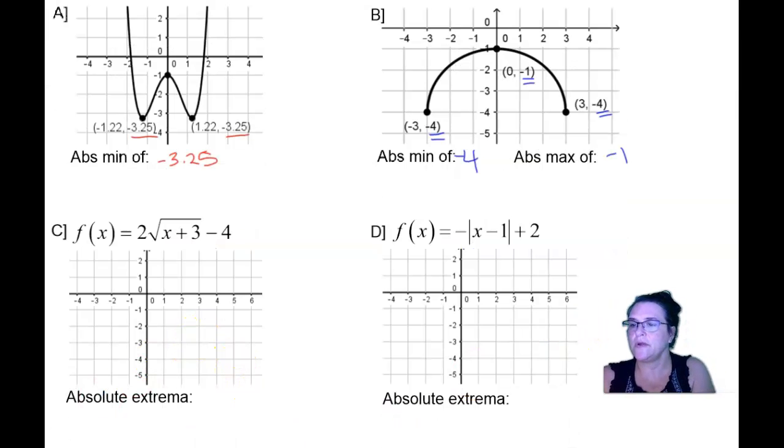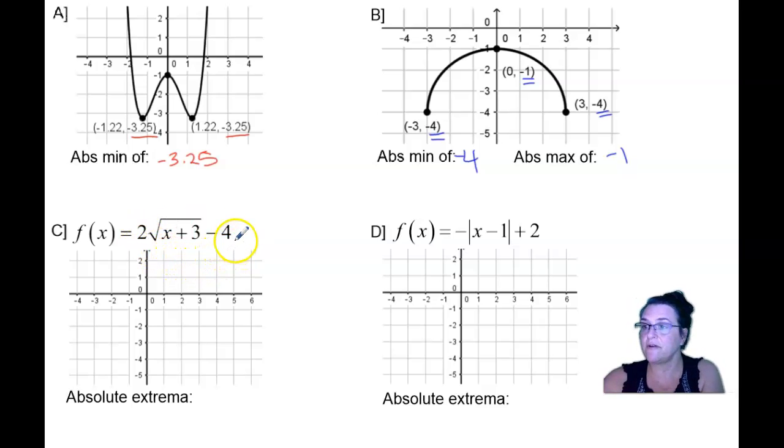Okay, so now we're going to take a look at example C, where we're asked to use transformations now to sketch this graph. So since it's a square root function, we know it makes half of a sideways parabola that has this general shape. Okay, and then this 2 in the front, that's a vertical stretch of 2.